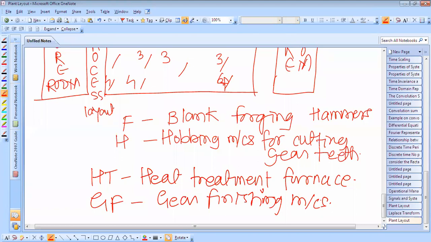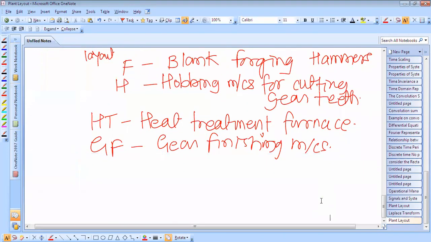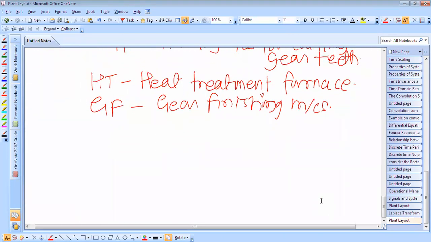So this is the combination layout. Combination layout is useful when a number of items are produced in the same sequence, but none of the items are to be produced in bulk. If the items are produced in bulk, then this system cannot be used.